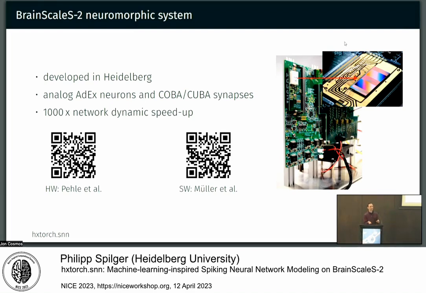The network dynamics are 1,000 times faster than in biology, due to the fact that our capacitors are just smaller than the biological ones, more or less. If you want, you can look up more properties in the respective papers, hardware and software-wise.